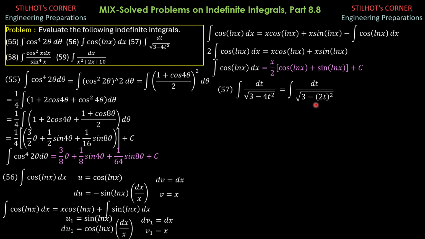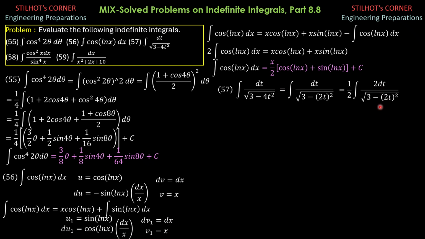If we put u be 2t, the differential du is 2 dt. So we put the reciprocal, 1 half integral of 2 dt over square root of 3 minus 2t quantity squared.